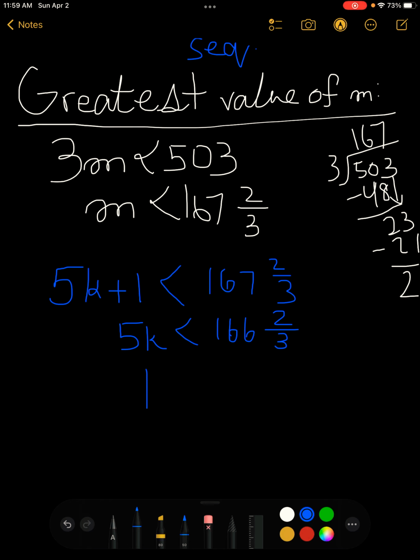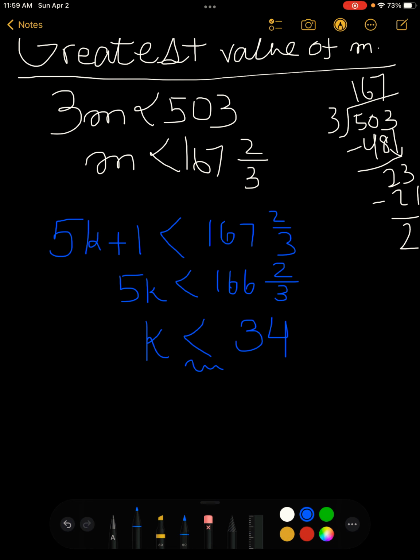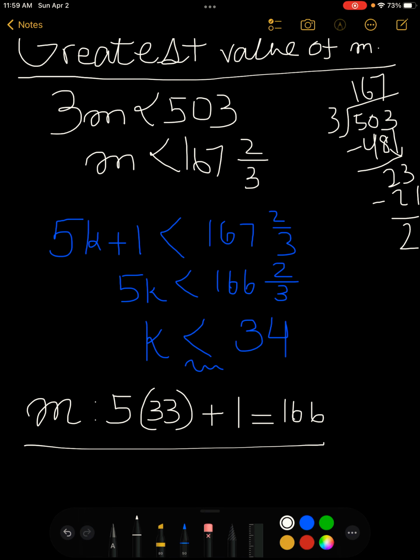And when we divide this, we get that k is less than 34. So the highest possible value of k that meets these conditions is 33. So the greatest possible value can be written as 5 times 33 plus 1, and that is 166. So this is the greatest possible value.